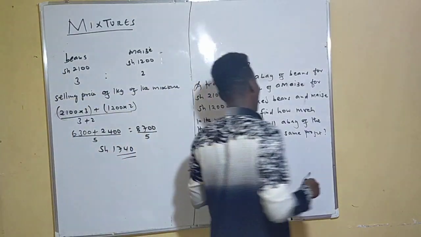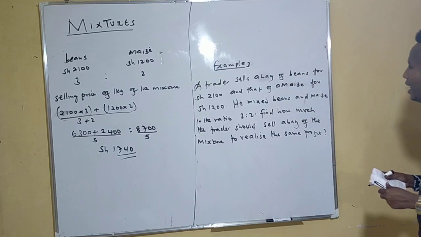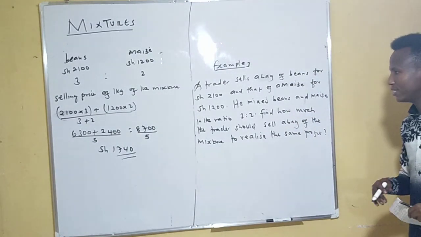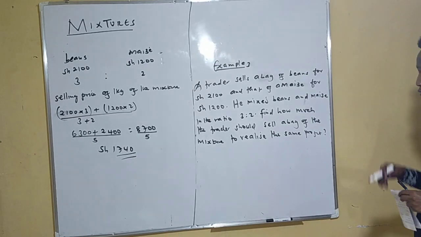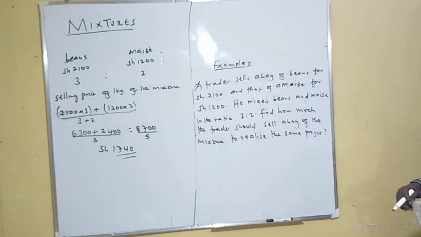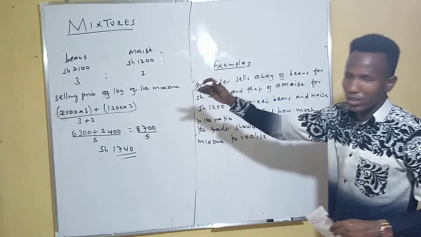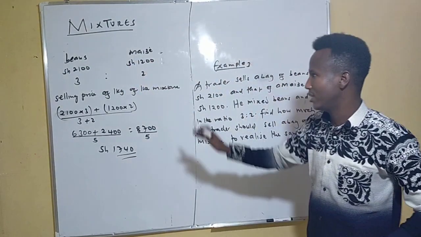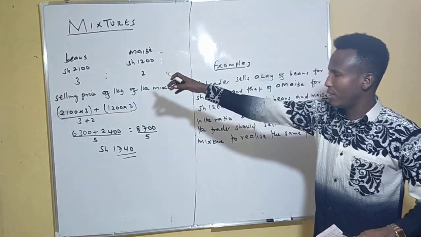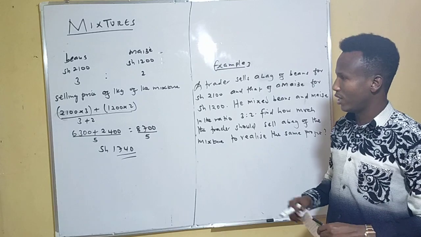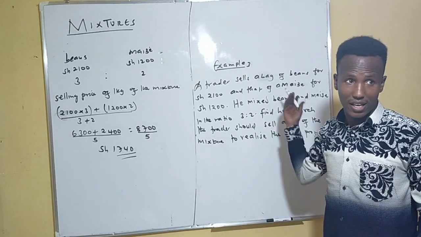A trader sells a bag of beans for 2,100 and that of a maize for 1,200. He mixed beans and maize in the ratio 3:2. How much should the trader sell a pack of the mixture to realize the same profit, okay? This is the procedure. You write beans and maize. We have the selling price of a pack of beans, which is 2,100, and that of a maize, 1,200. Those are given in the question.